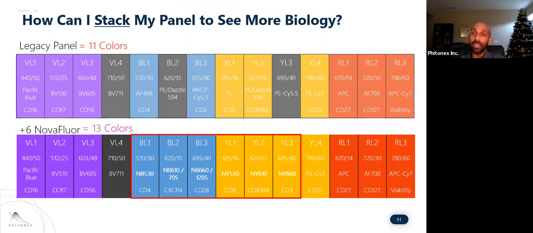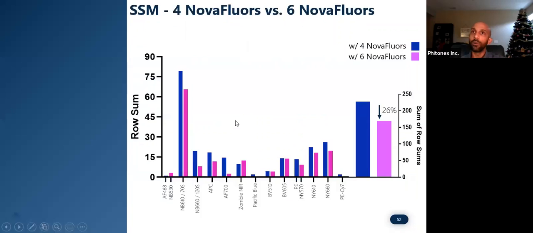And we can make that improvement by adding in a couple of NovaFluors. So in this case, we replace AlexaFluor 488 with NovaBlue 530 and replace PE, which is really going to clean up the panel because we know PE is cross-excited and has a lot of spread. We replace PE with NovaYellow 570. It's probably going to lead to a better panel, which it in fact does, as we see here.